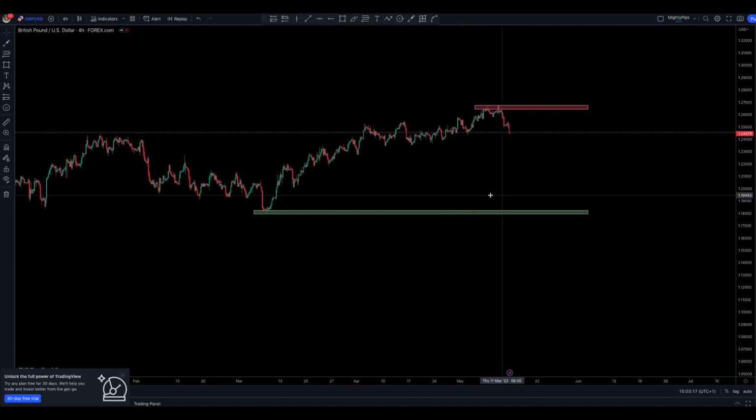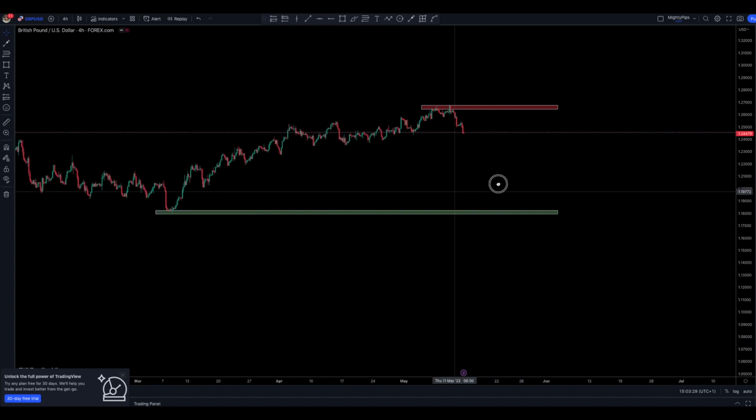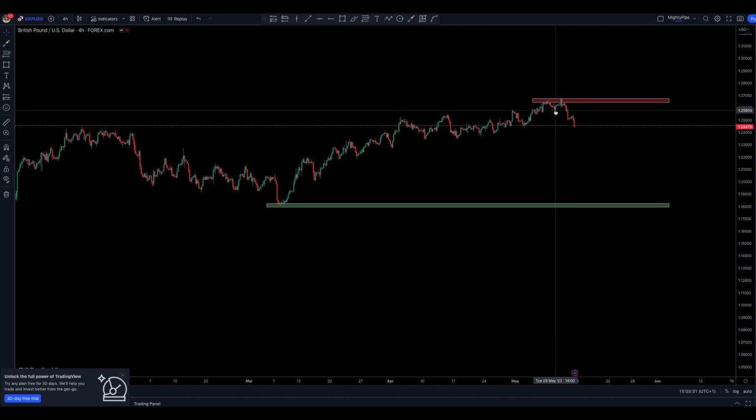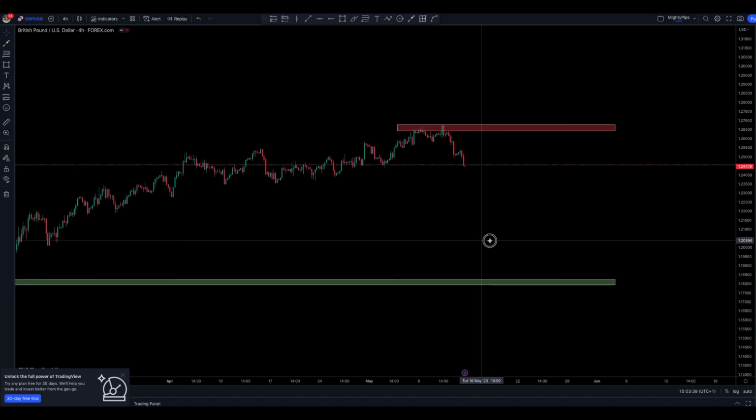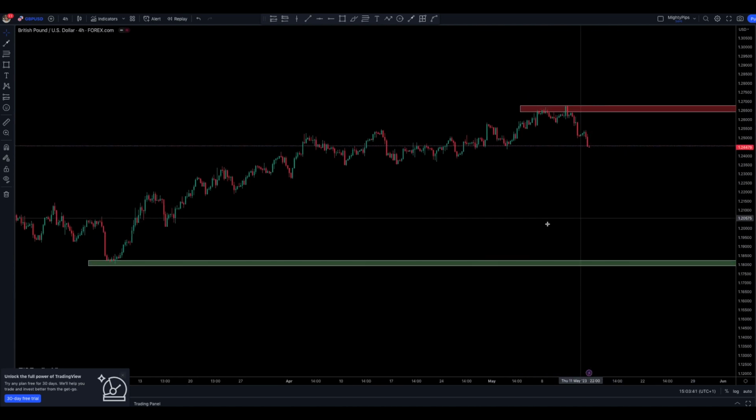change of market structure. Has the market structure changed to a downtrend, or is it still an uptrend? From this level of resistance, we see that the market changed the structure on the 4-hour chart to a short-term downtrend. How do you know that? You use the same method.